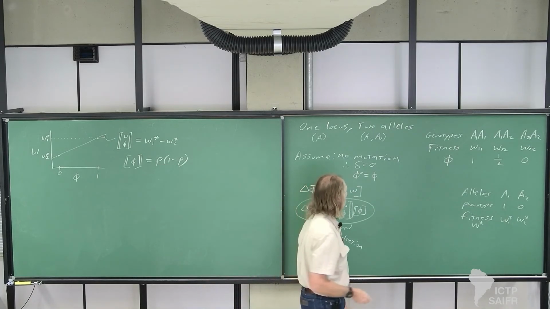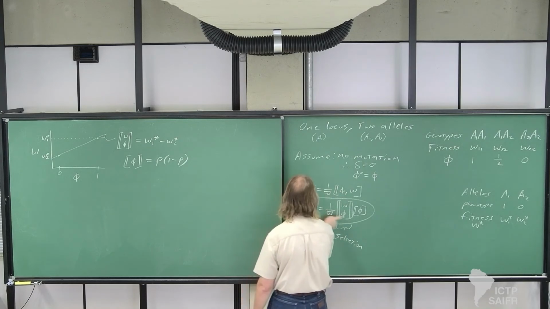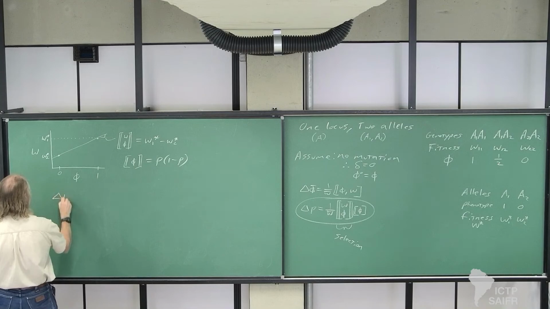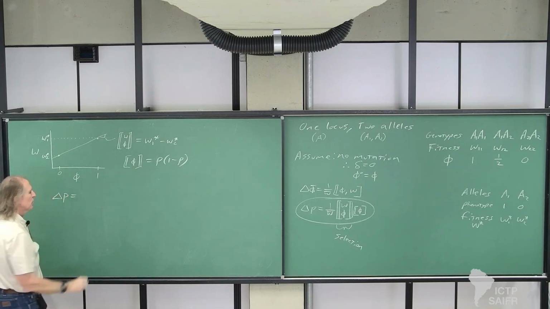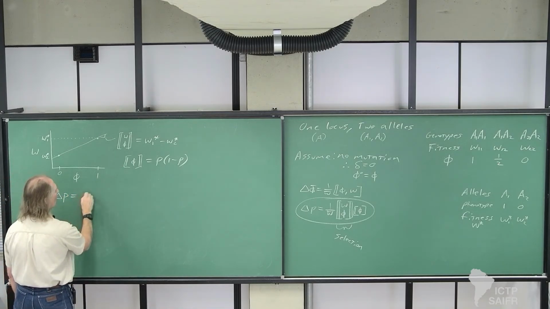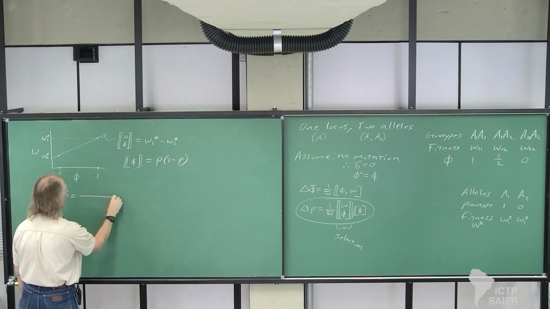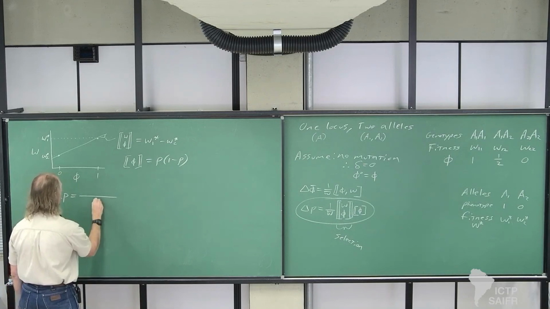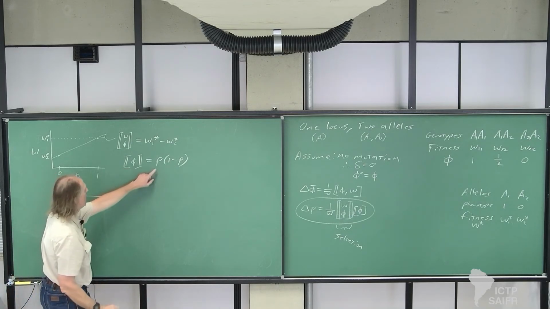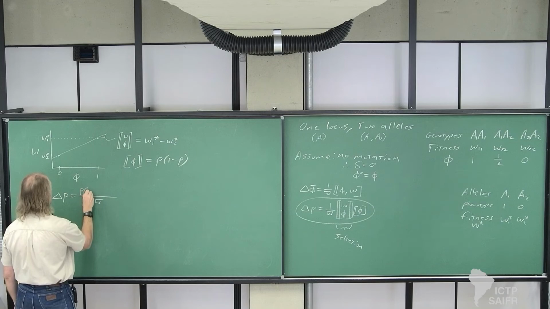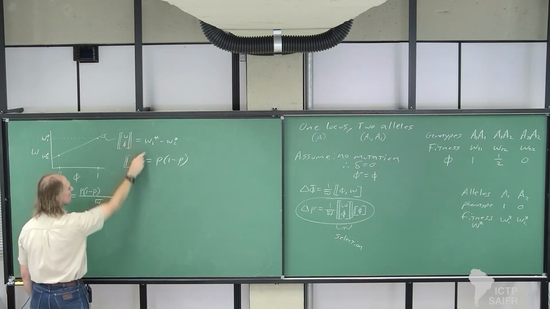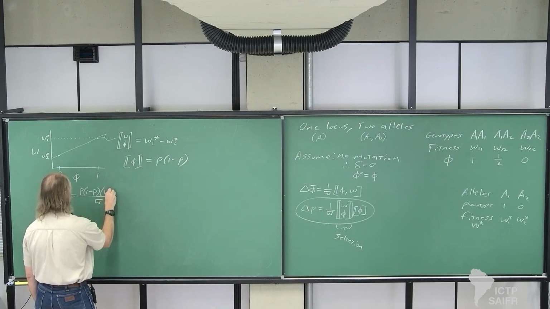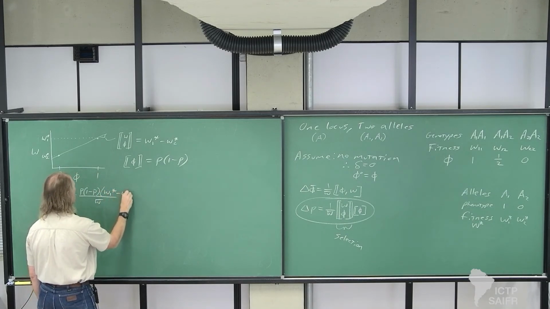So very quickly, we can write this out, and we get delta P is equal to, everything divided by W bar, the variance, P times 1 minus P, times this regression, which is W1 star minus W2 star.